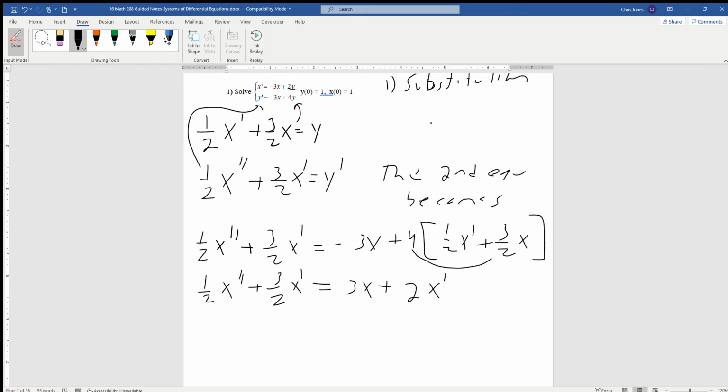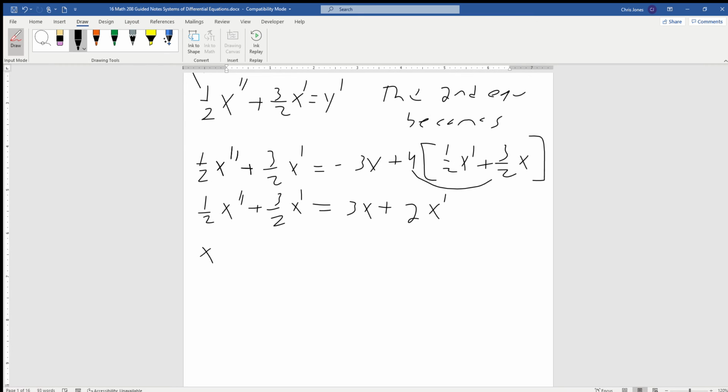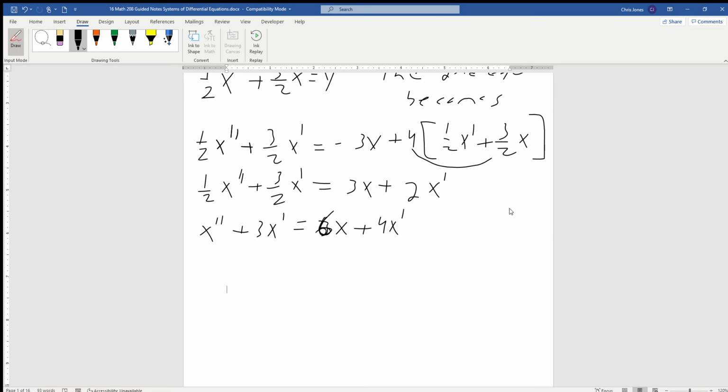We can multiply through by 2, clearing out the denominators. So x double prime plus 3x prime equals 6x plus 4x prime. And then finally we can set this equal to 0 and get a really nice, easy, homogeneous differential: x double prime minus x prime minus 6x equals 0.